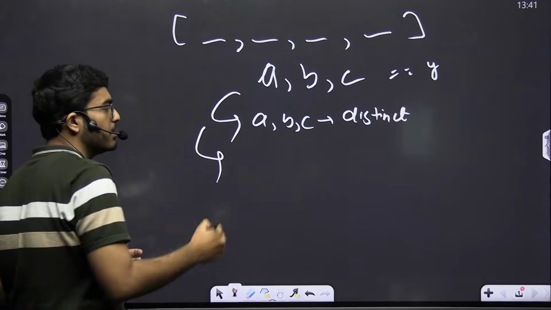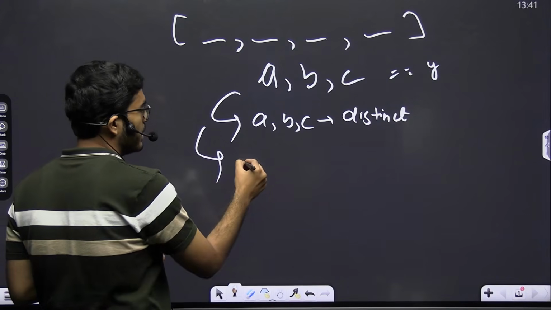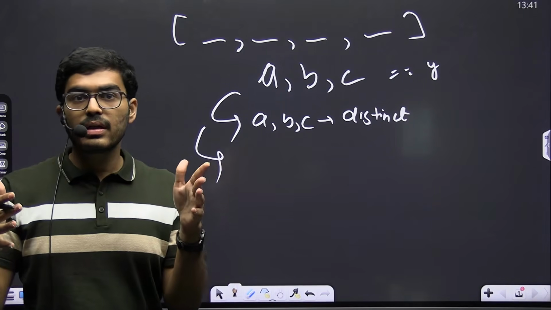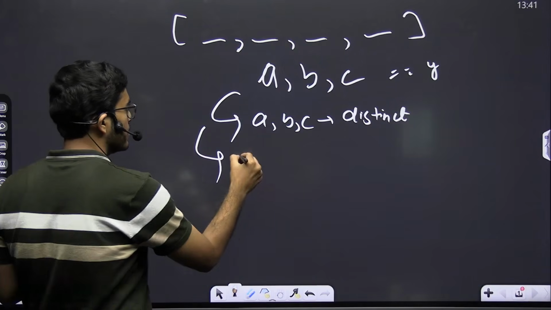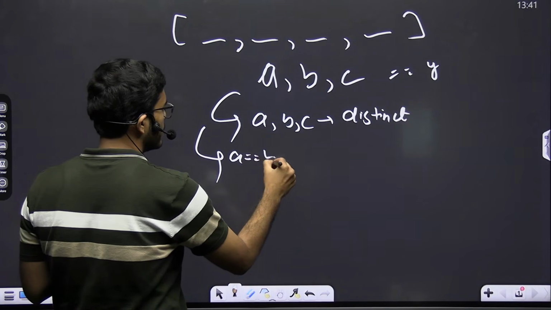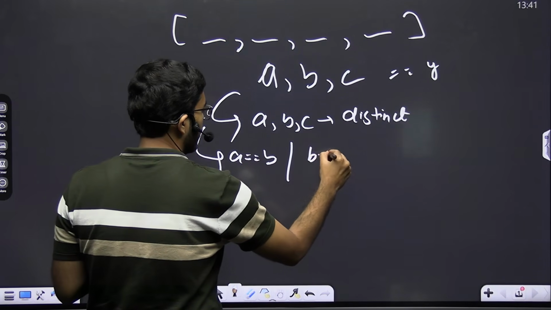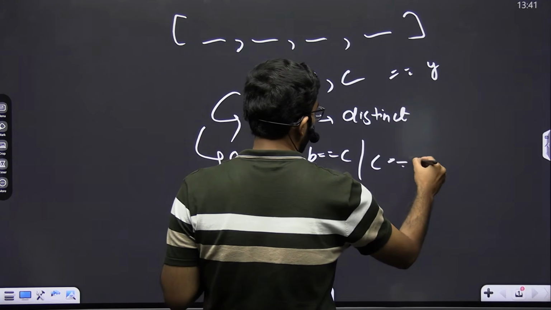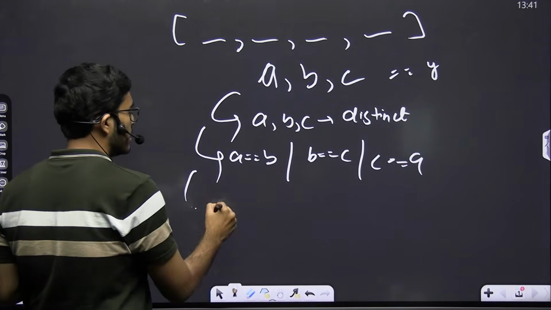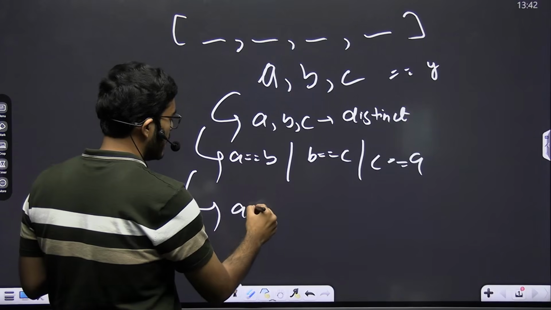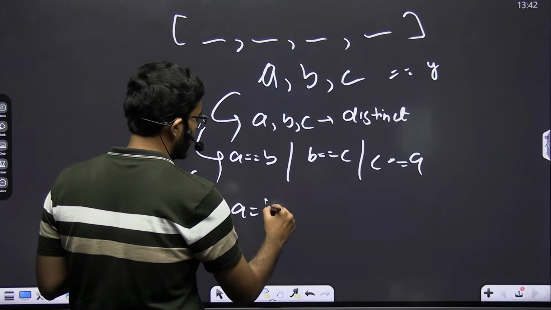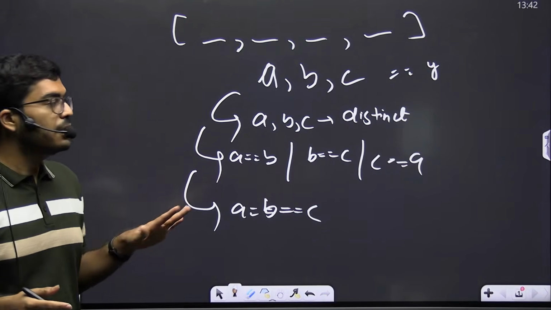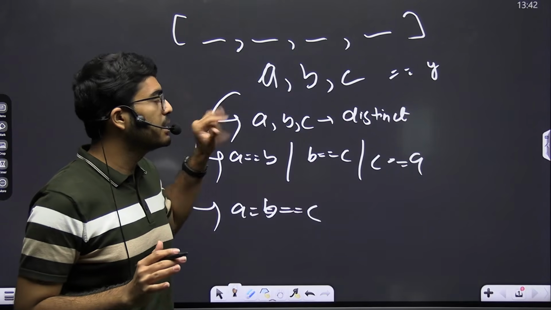The second possibility is whether any two numbers out of a, b or c might be equal. So there is a possibility that a is equal to b, or b can be equal to c, or c can be equal to a, right? And the third possibility is if all the selected numbers are equal to each other. So these are the three possibilities.